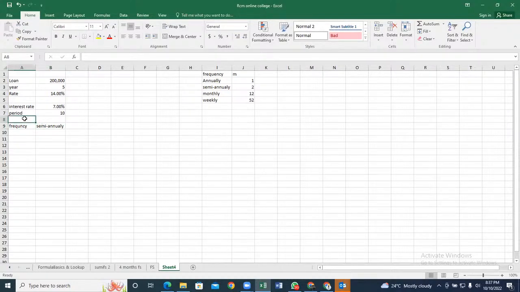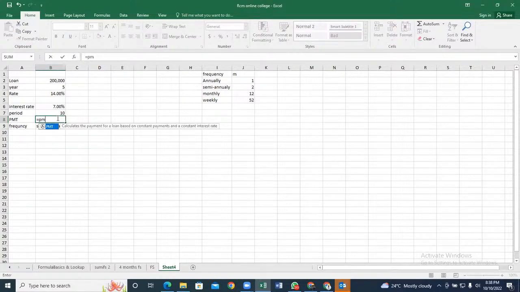Remember, there's something here which we also add. That is PMT, periodic payment. So how do we get periodic payment? We said is equal to, the formula is the same as that name, that is PMT. So what do we have as the rate?